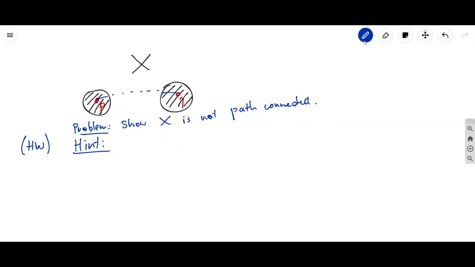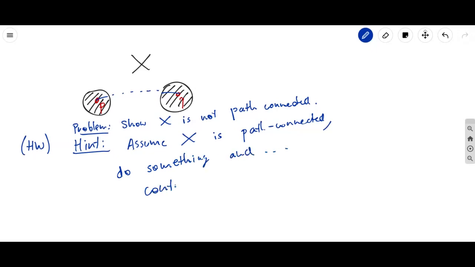So you want to show that X is not path connected, and the hint here is that you assume X is path connected, and then you do something and contradict the intermediate value theorem from calculus. So it has something to do with the intermediate value theorem.